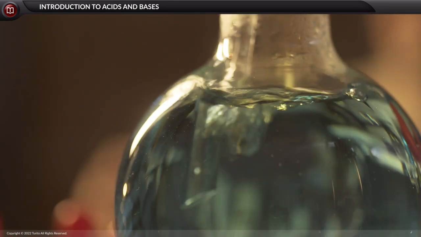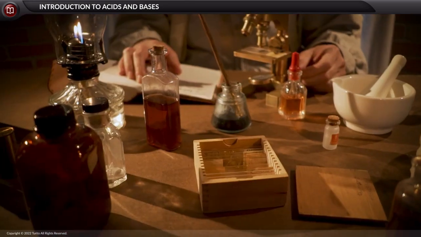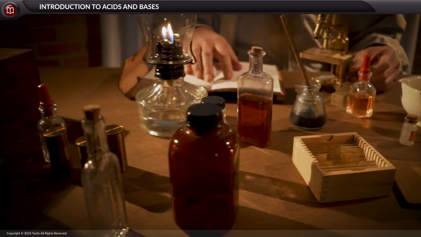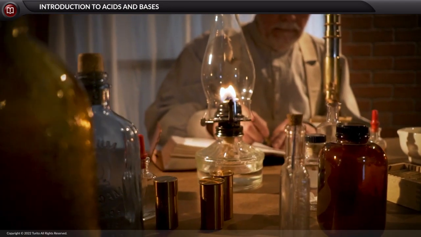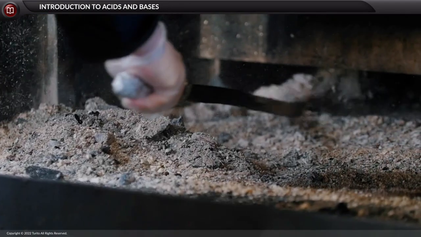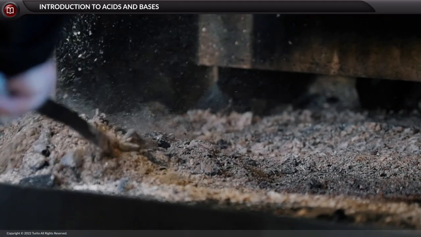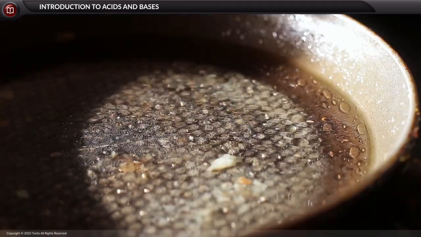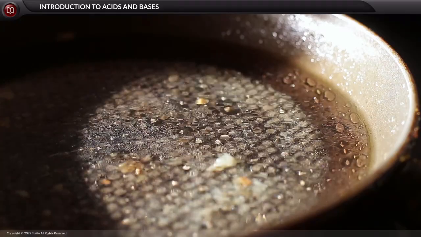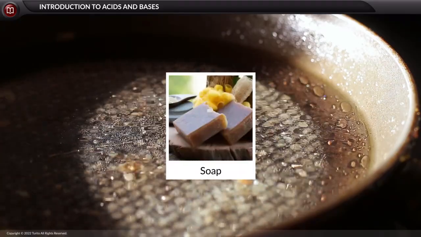Bases, by contrast, were not as well studied, although they were recognized as substances that would neutralize acids. The easiest way for the ancients to create bases was to take ashes from a fire, a process well known to the Greeks, who mixed ashes with animal fat to make soap.